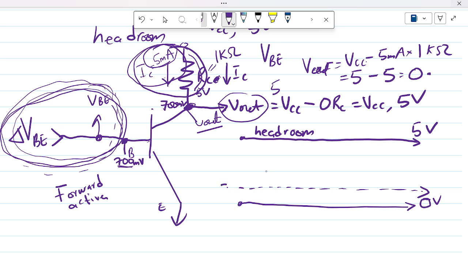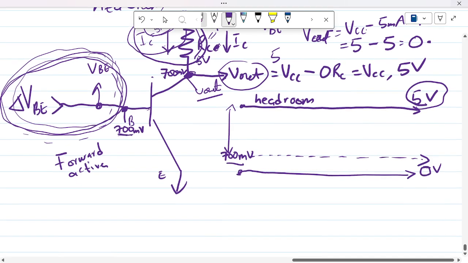So our effective headroom is no longer between 5 and 0, but rather between 5 and 700 millivolts because of the saturation constraint.